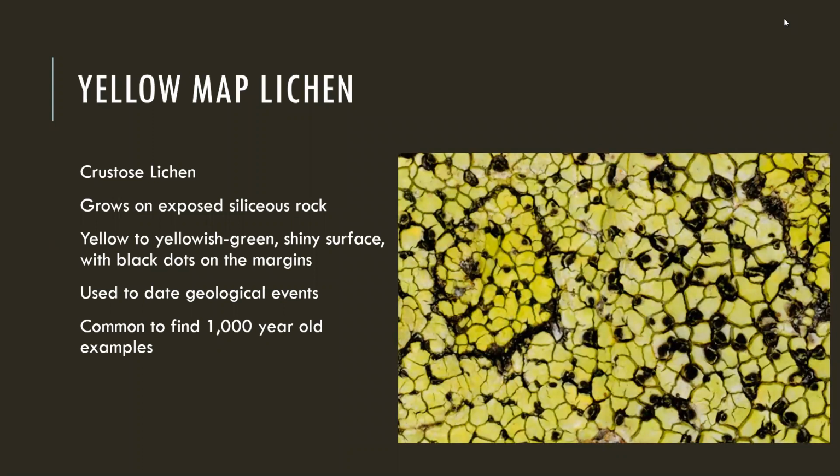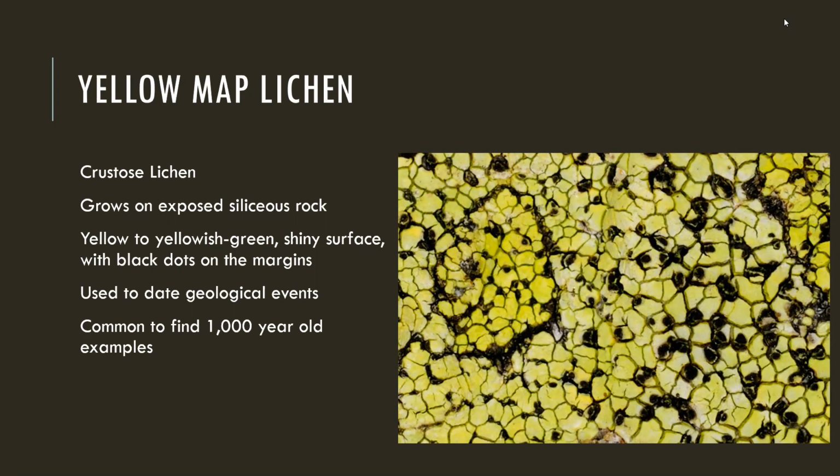This yellow map lichen, while I can't say I've seen it, this one is pretty cool. So scientists use this yellow map lichen to date geological events, because this lichen can grow very old. So the average lifespan that people tend to find them is 1,000 years old.